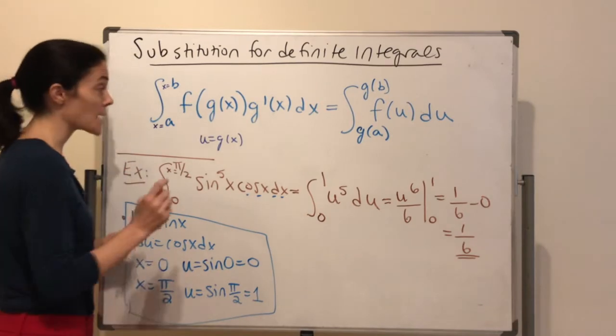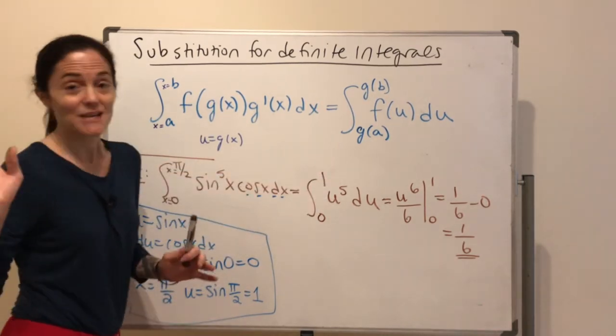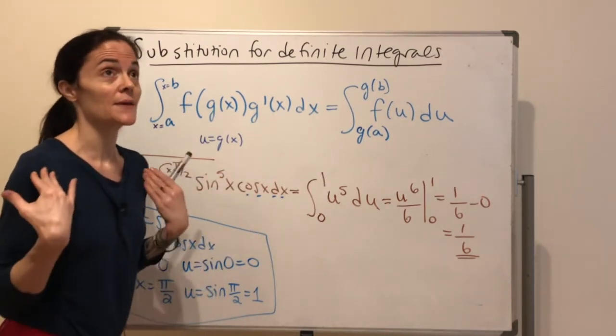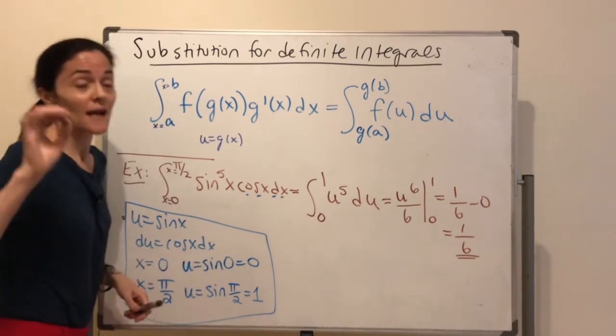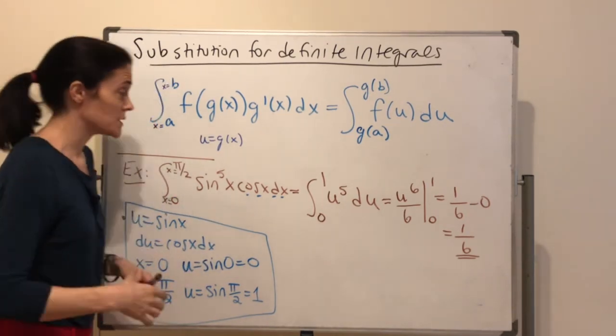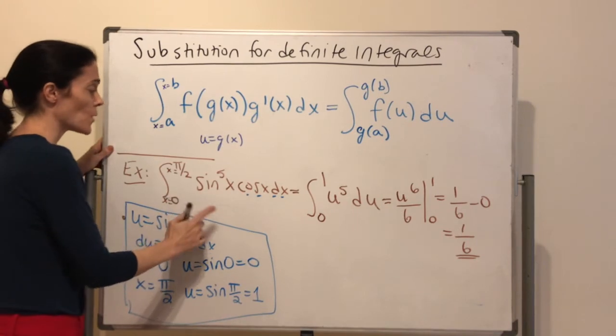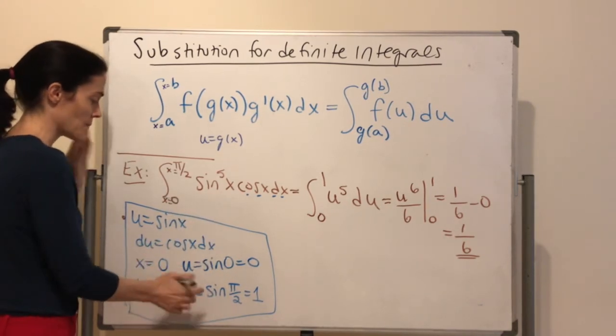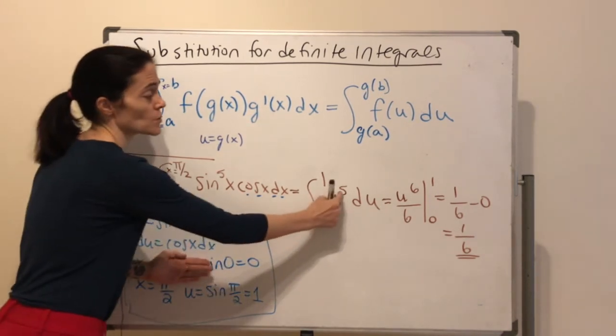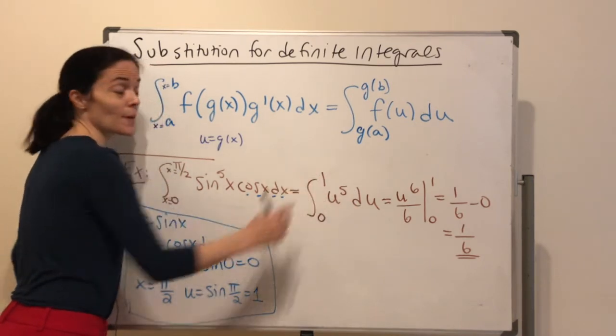I will just say I personally always change my limits of integration. For me, it's easier. But one thing I'll caution you that you do not want to do is not change the limits and write u to the 5th du and keep the 0 to pi over 2.